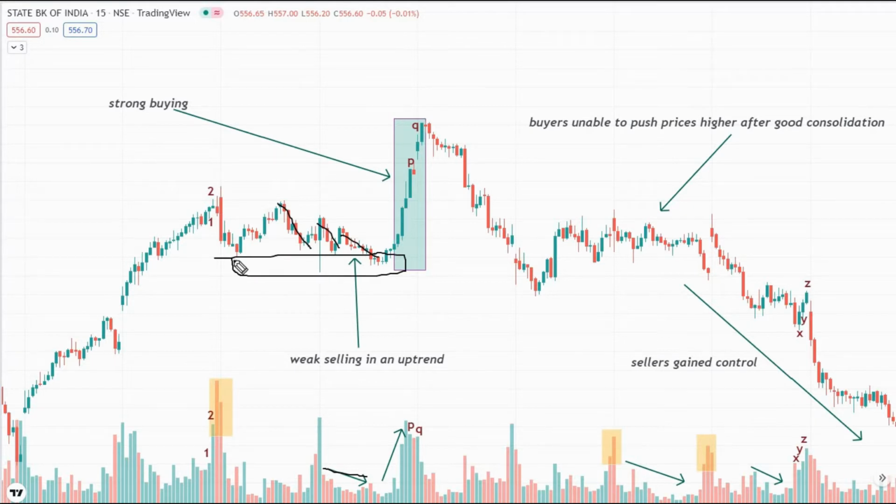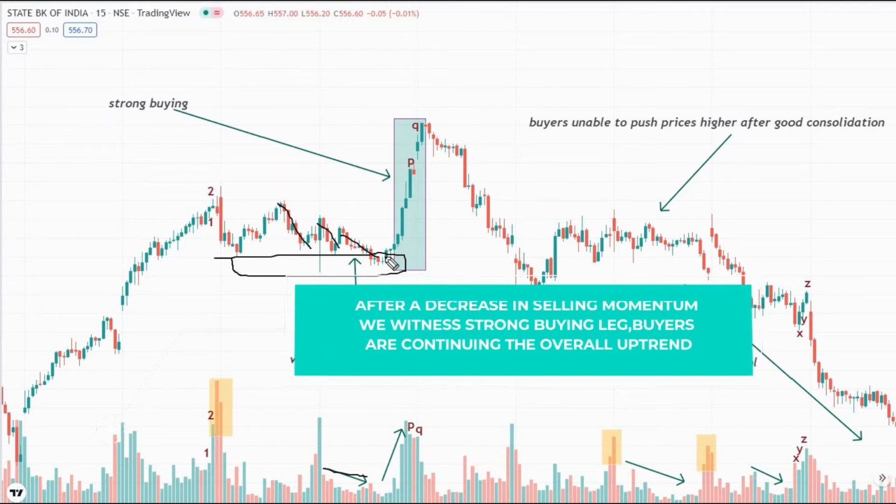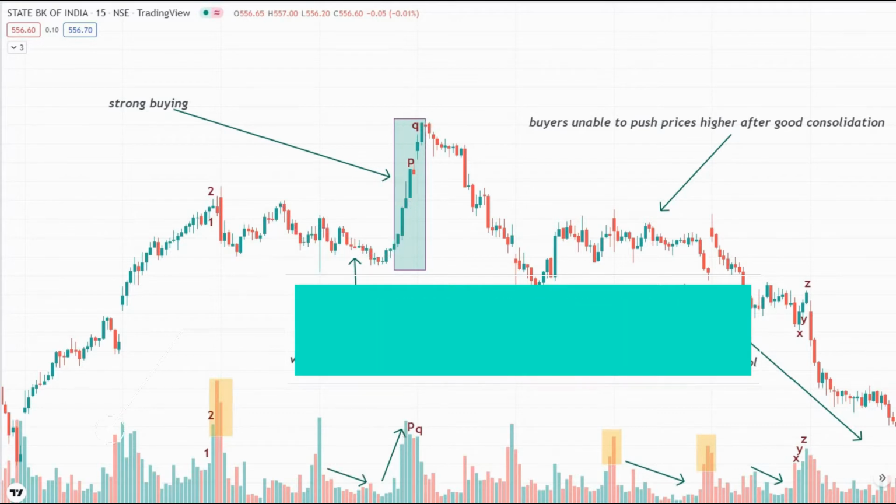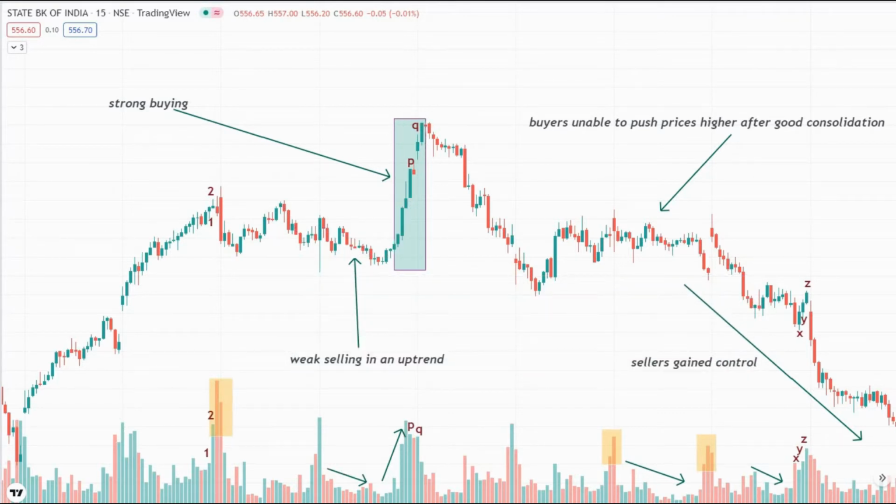Okay, now what happened? Now we see an increasing buying momentum with a surge in volume. So this is not a surprise to us, because earlier we were seeing that sellers are losing momentum with a decrease in volume, so an upward momentum was already on the cards.